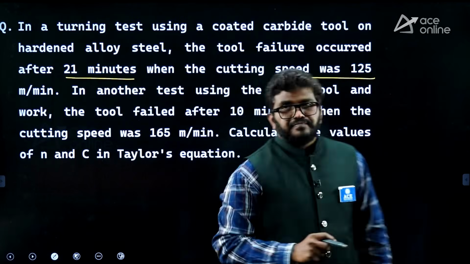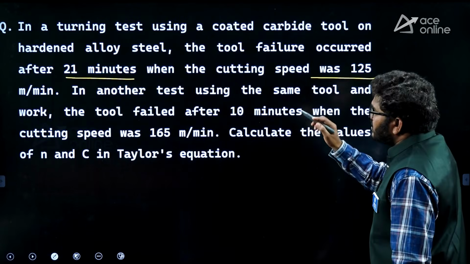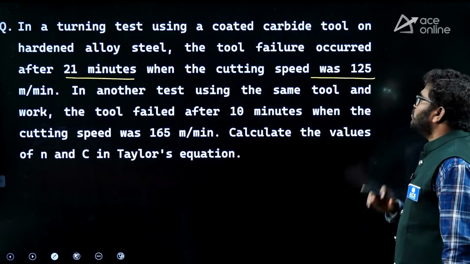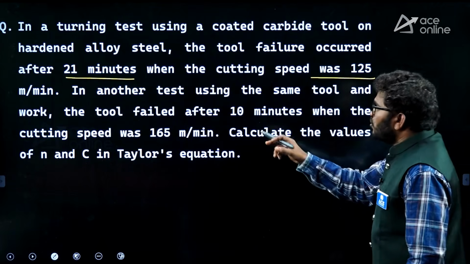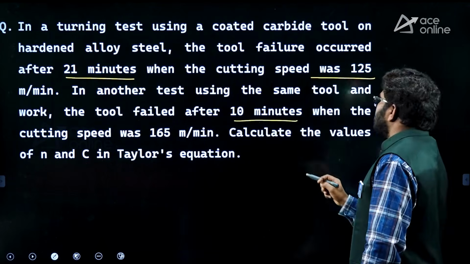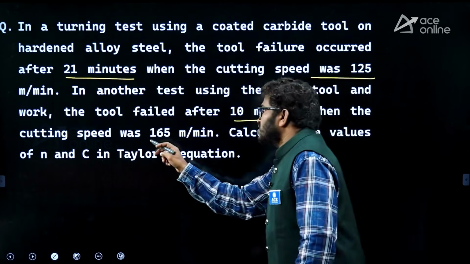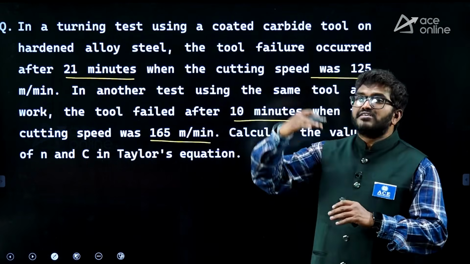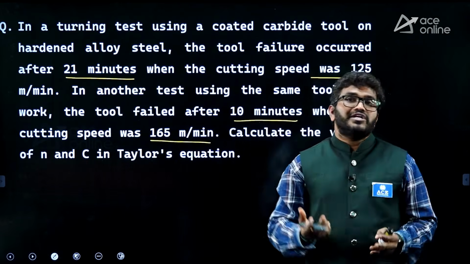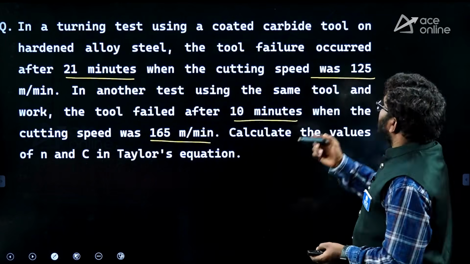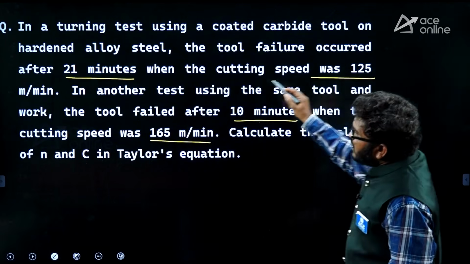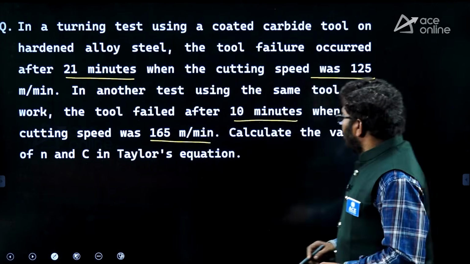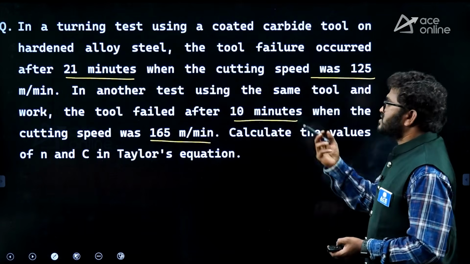In another test using the same tool and work, the tool failed after 10 minutes when the cutting speed was 165. So if I increase the cutting speed, tool life is going to decrease.